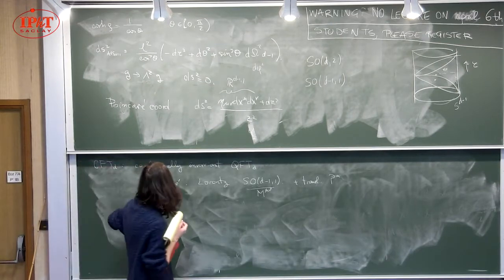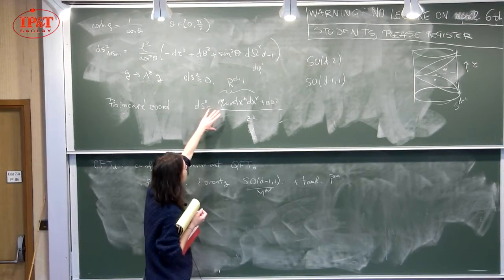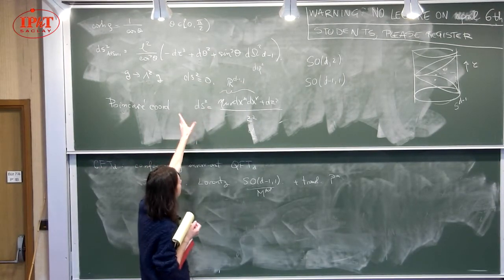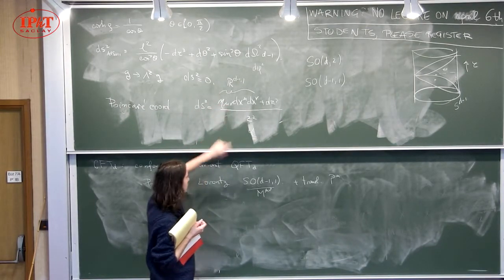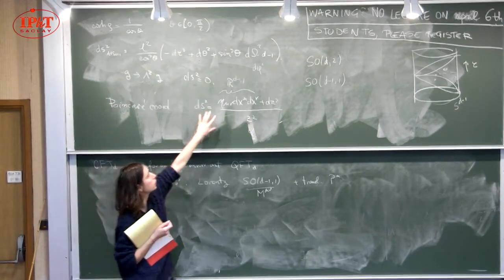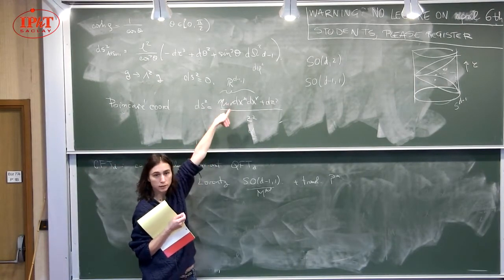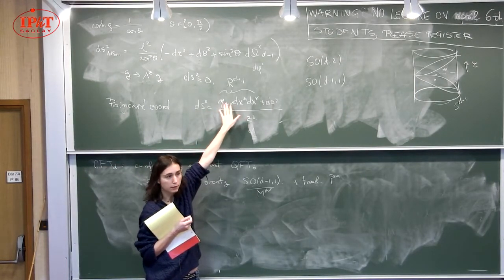The reason that I've written the Poincaré metric here is that you see very clearly how AdS in these coordinates realizes this Poincaré symmetry, because it's obvious that the metric is Lorentz invariant and also translationally invariant.